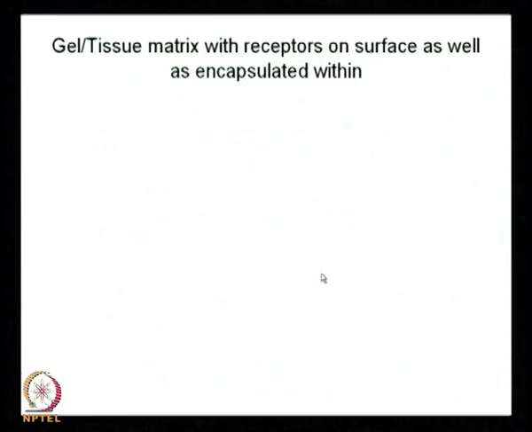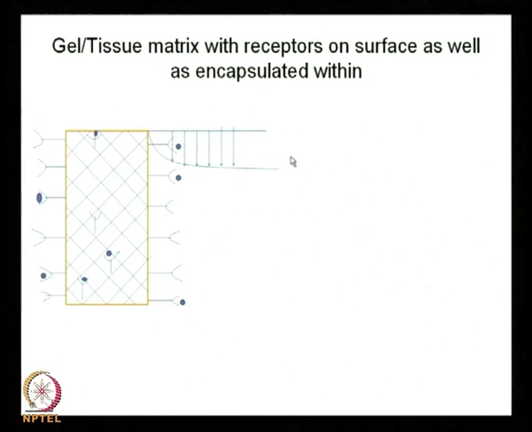Now go on to the next issue that we are looking at, a slightly more complicated, advanced form of what we are doing. Till now we looked at encapsulated matrices where the enzyme was entrapped only outside, or covalently attached outside, then the case where enzymes were entrapped inside.